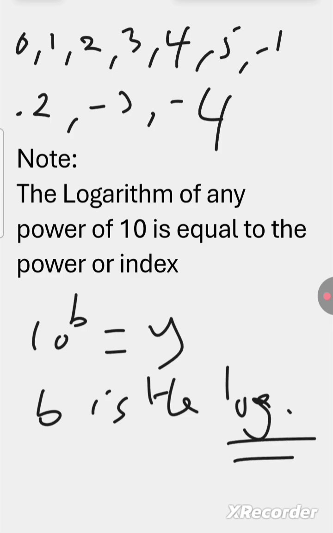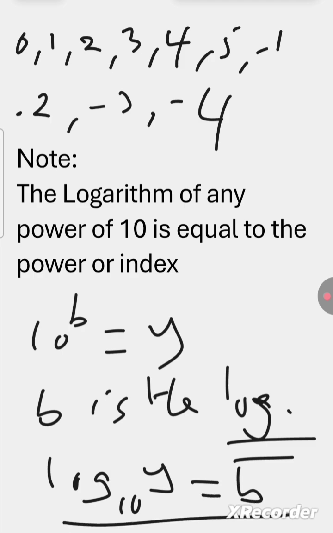And remember, in this case, we can express this as the logarithm to base 10 of our number y is equal to b, because our statement reads that the logarithm of any power of 10 is equal to the power.